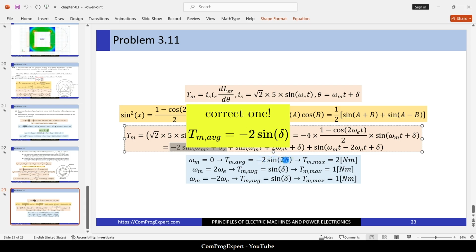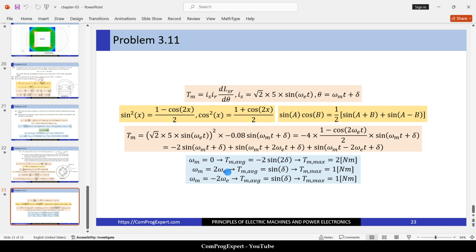The average torque depends on the initial position of the rotor. What is the maximum one? The maximum one is 2. And when omega M is 2 times omega E, the average value of this term is not 0.